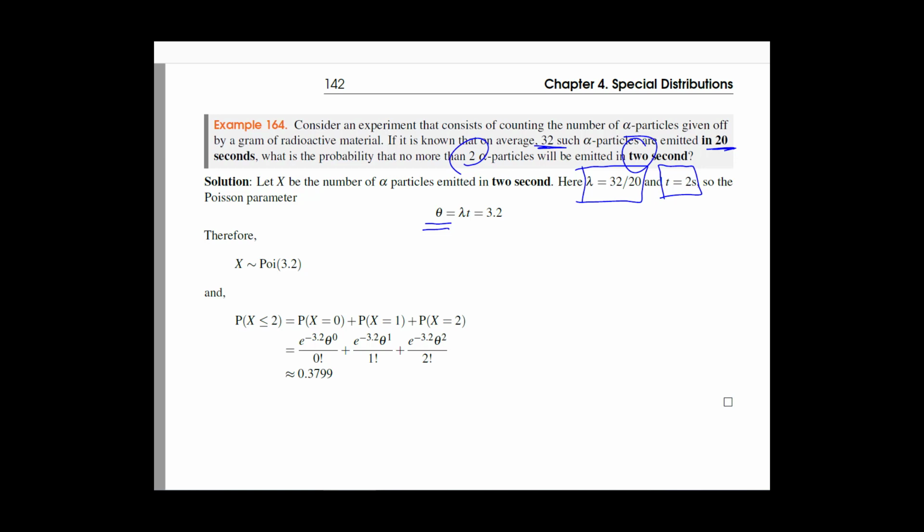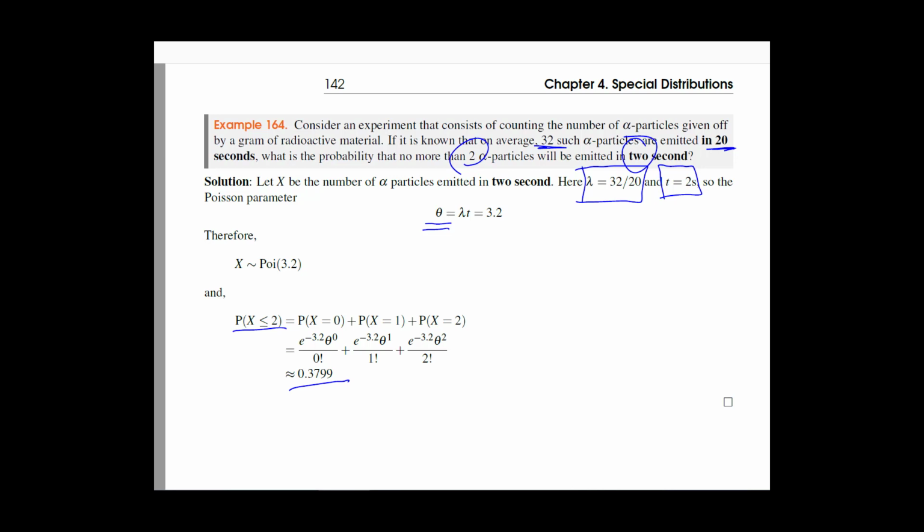And then we can answer any question about probability, in particular, no more than 2, so that's probably x less than or equal to 2. There's no shortcut for the PMF, or CDF, so we have to calculate each term like that. And you will get this answer.